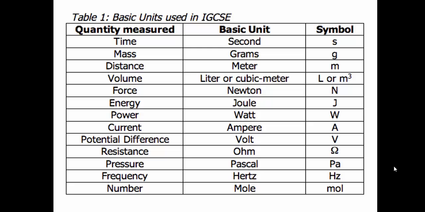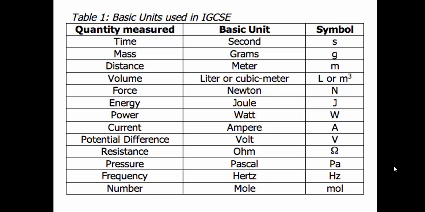Distances in the metric system, the basic unit is a meter. Once again, if you go back to the Persian civilization, they measured a property called distance, but they would simply have used a different unit.